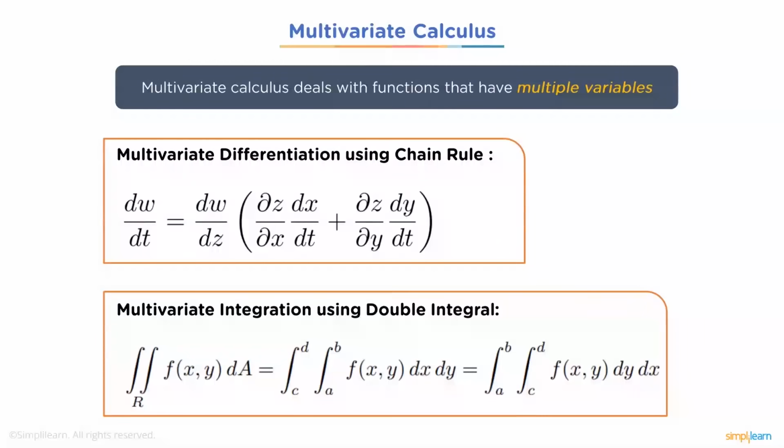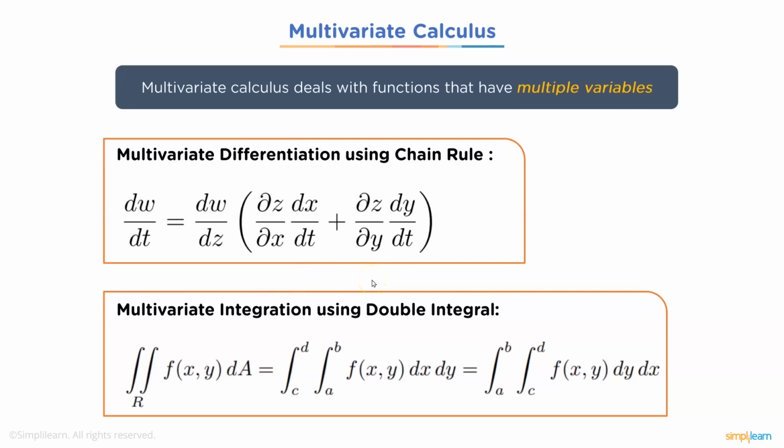So when we talk about multivariate calculus, it deals with functions that have multiple variables. And you can see here we start getting into some very complicated equations. Change in w over change in time equals change in w over change in z, the differential of z to dx, the differential of x to dt.